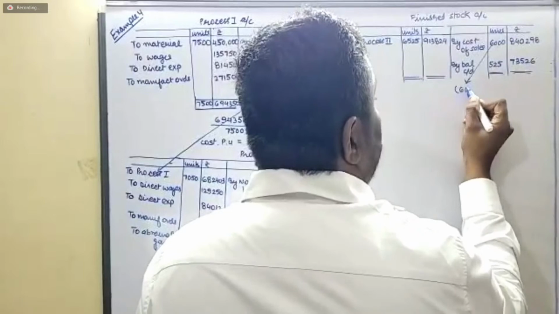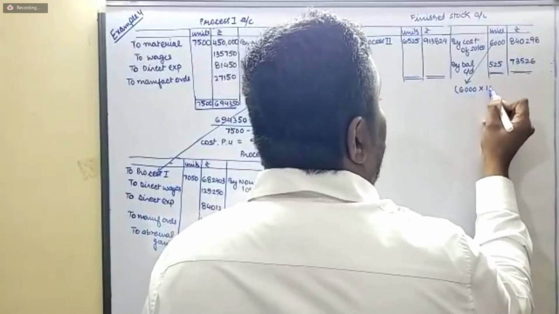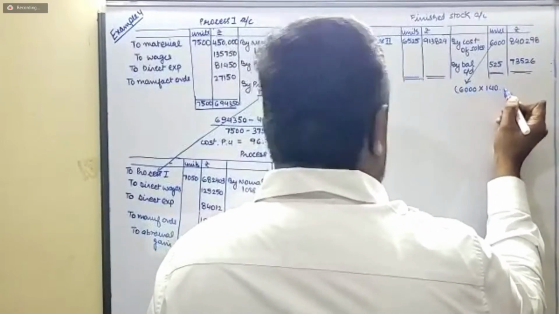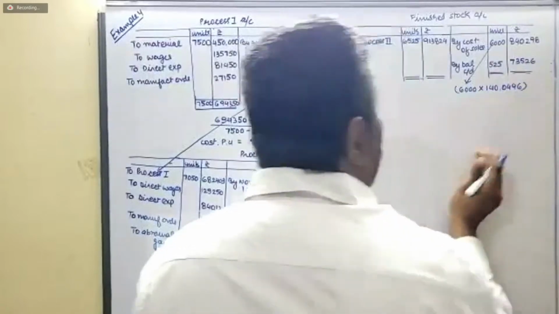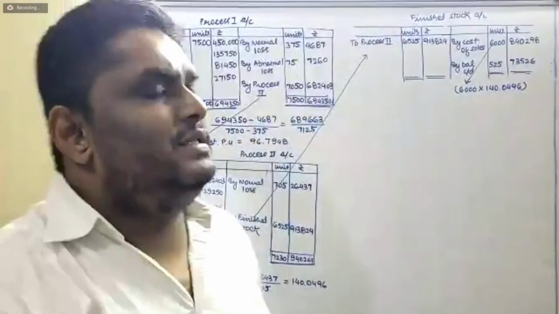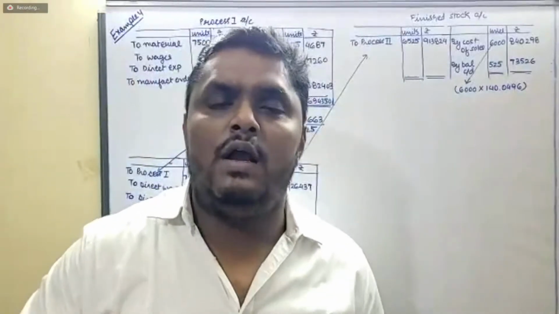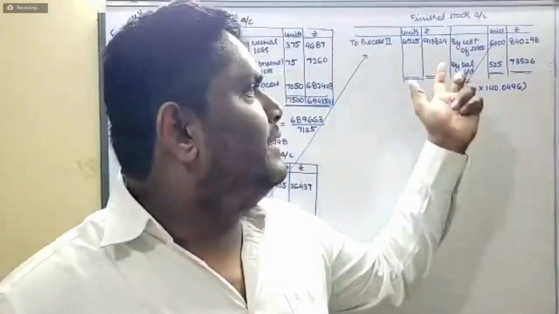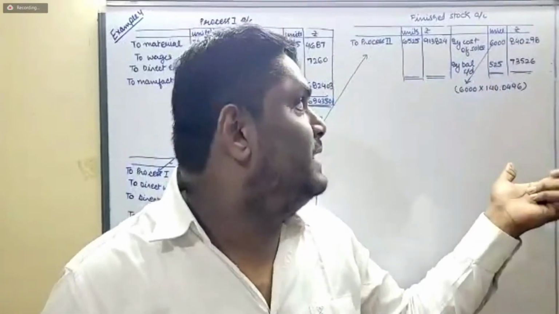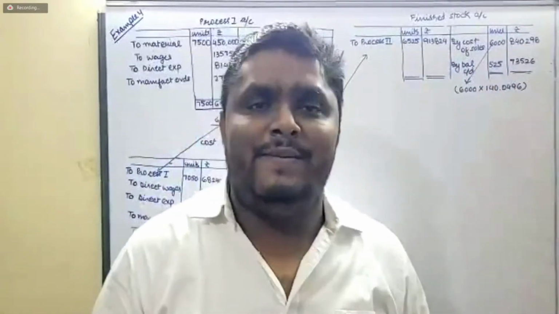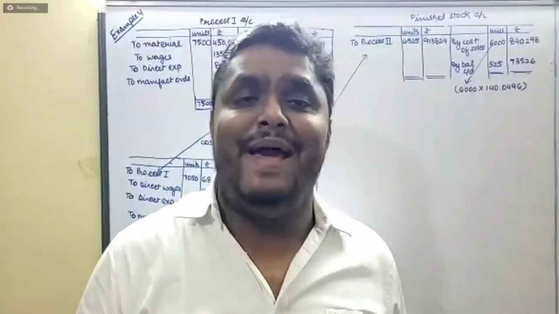So this is how finished stock account is prepared. Whatever units are sold will be transferred to the cost of sales, and the balance units will be the closing balance of finished stock account.